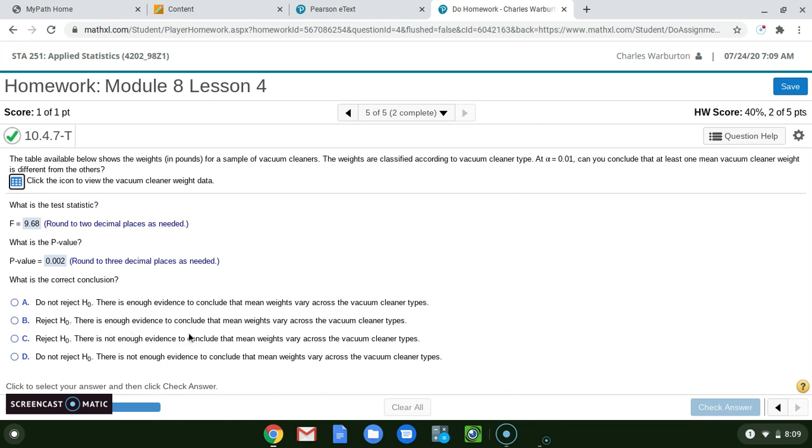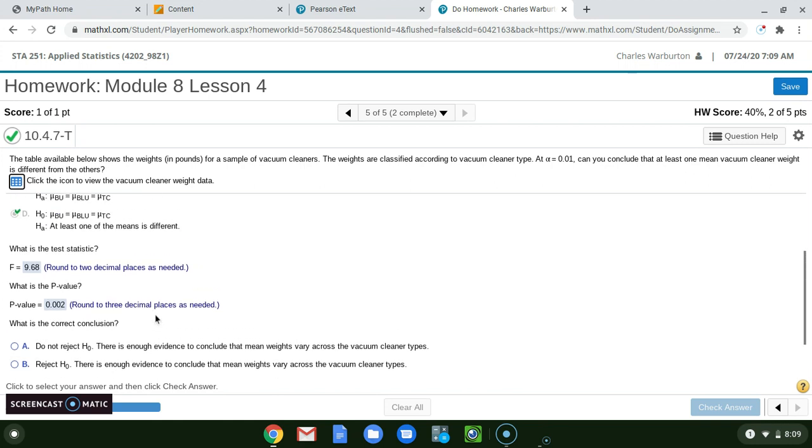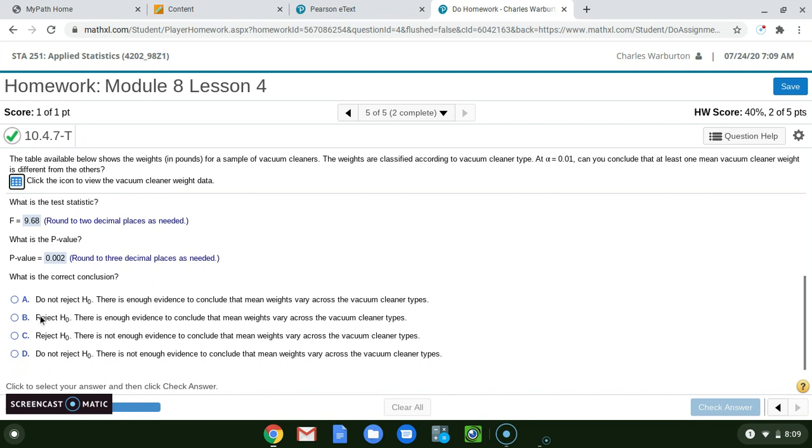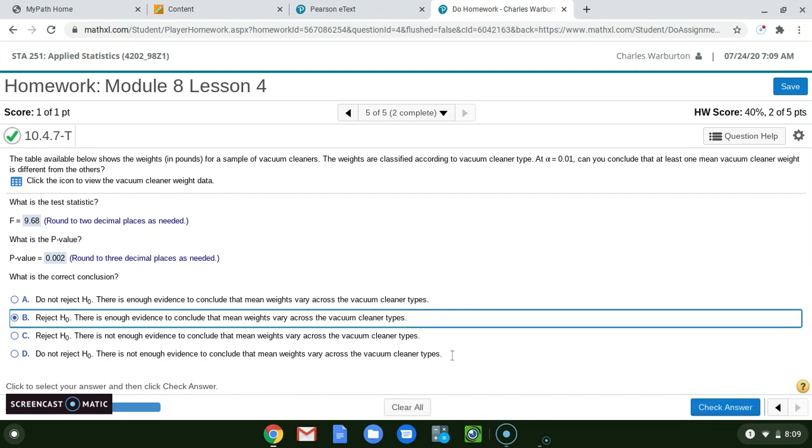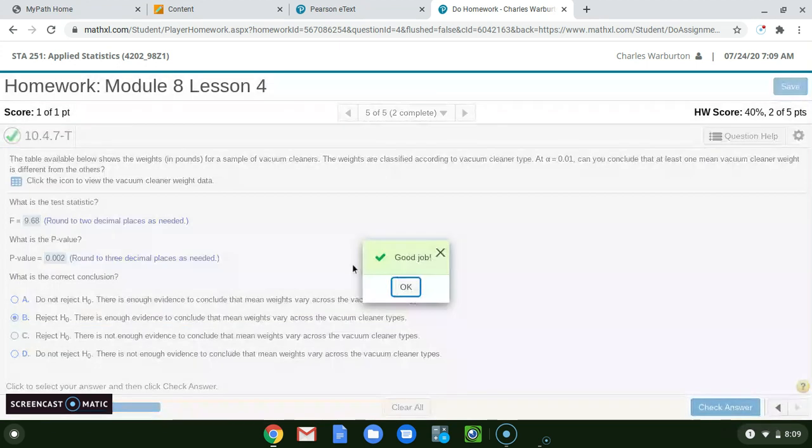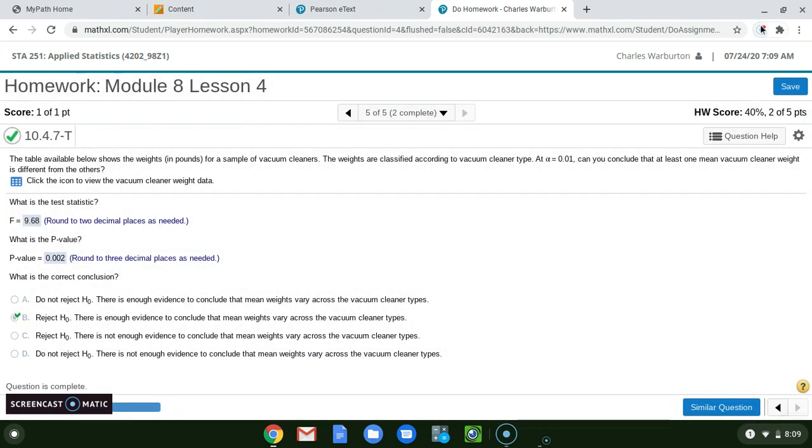There's enough evidence to conclude that the mean weights vary across the vacuum cleaners. Yes. Why? Because that's the alternative claim. The alternative claim says that they vary. So if we reject the null hypothesis, then we accept the fact that they vary based on the alternative claim. And that's that. Okay, hope that helps.